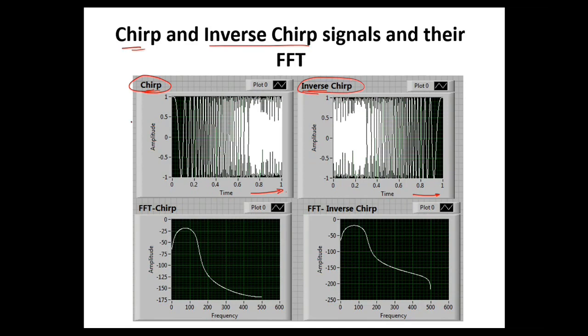Now if you do the Fourier transform of the chirp and the inverse chirp signals, what would you get? You would get that the nature of the FFT is the same. Now the question arises, if there are two signals, say x1(t), and you get X(omega), and you have another one, x2(t), and you have got the same thing, X(omega).